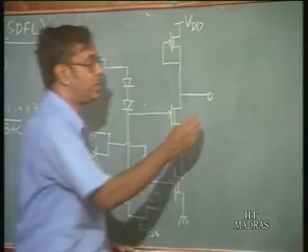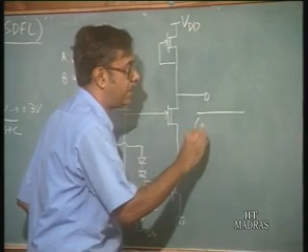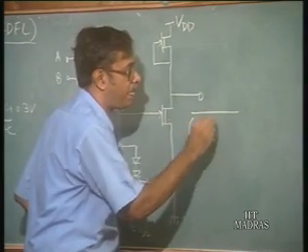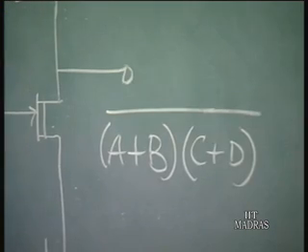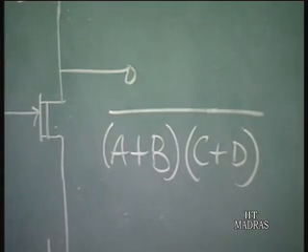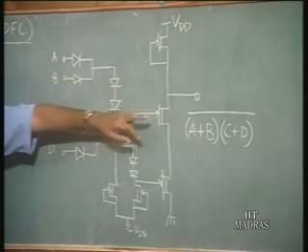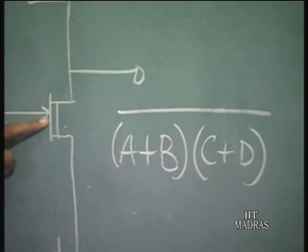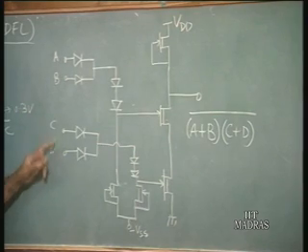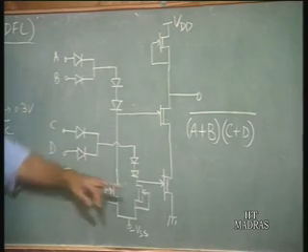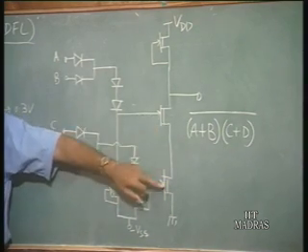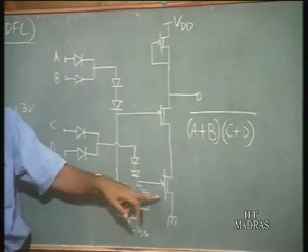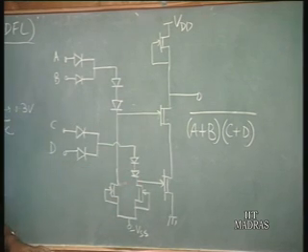So, the logic which is performed here is A or B and C or D, inverted. That is, when either A or B is high, then this particular transistor conducts, and when either C or D is high, then the lower transistor here conducts. So, when both these transistors conduct, then only the lower section is going to conduct, and it is going to pull the output down.